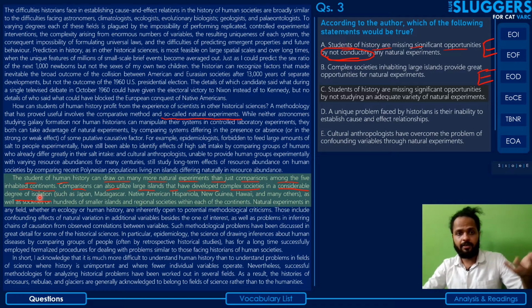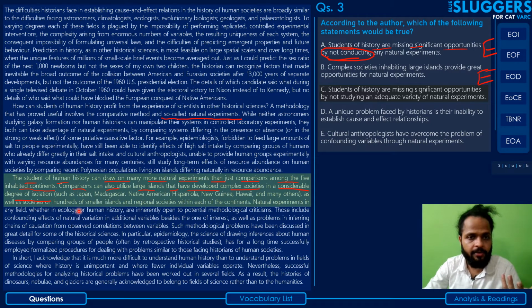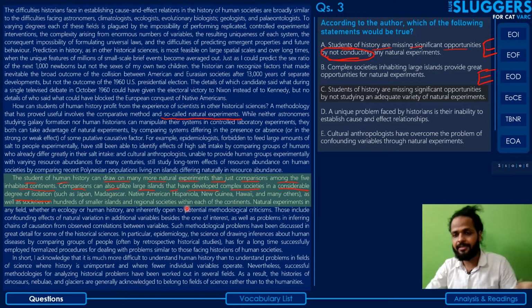There are many more just apart from these 5. You can use these large islands which have developed societies in isolation. Then you can use societies on hundreds of smaller islands and regional societies, etc. So students of history are missing significant opportunities by not studying an adequate variety of natural experiments.